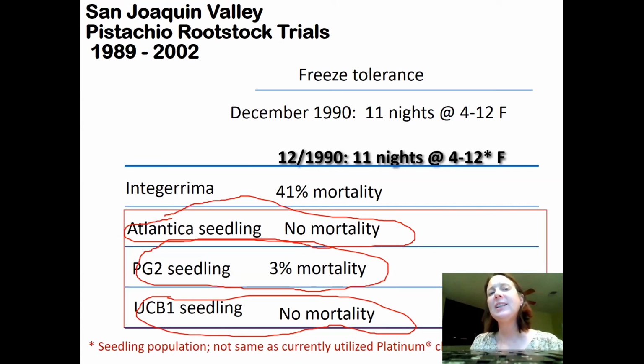It's important to mention that these PG2 seedlings are the reciprocal cross of UCB1, and one of those seedlings was what gave rise to Platinum. So it's not really fair to compare them directly to Platinum, but it was like a progenitor to the Platinum clone that is available in the nursery trade today.